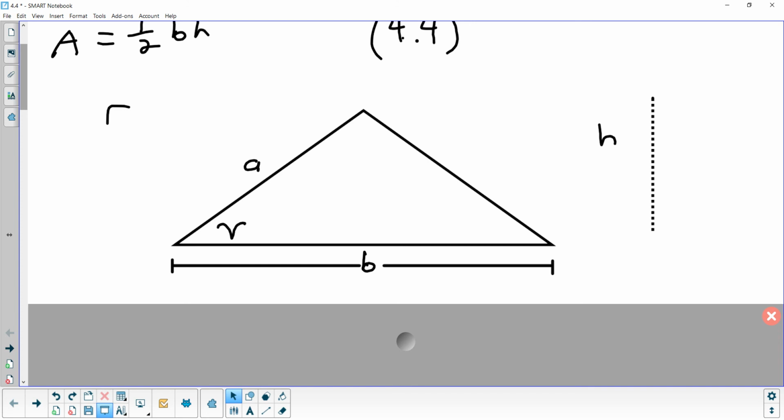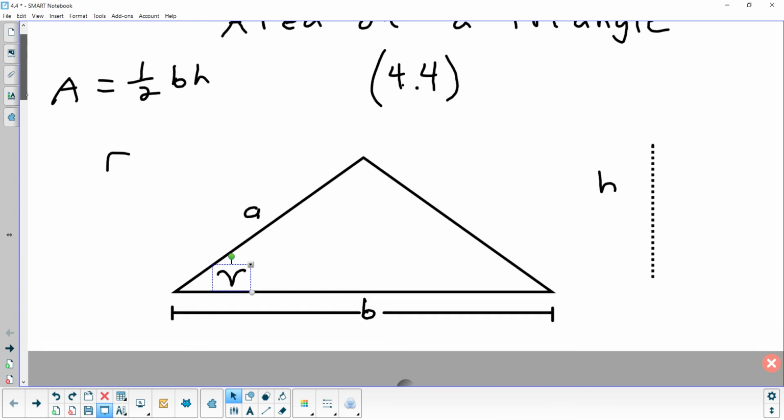I've labeled the bottom side as B. I've labeled the side that's on the left as A. And I've labeled the angle between A and B using this symbol. Anyone remember how we say that one? Yeah, that's gamma. Very good. So that angle is gamma.